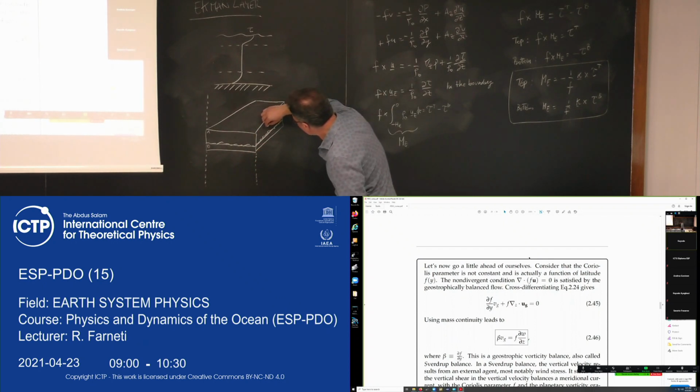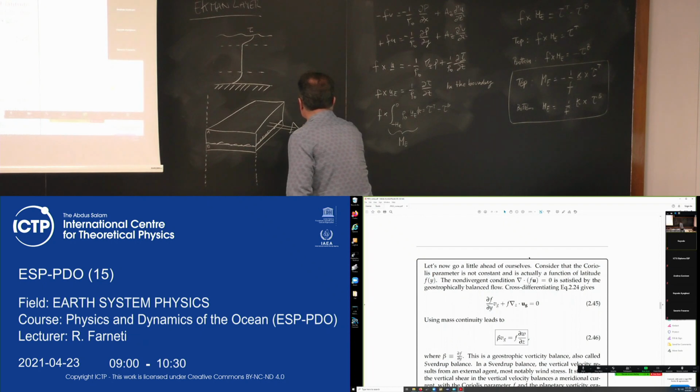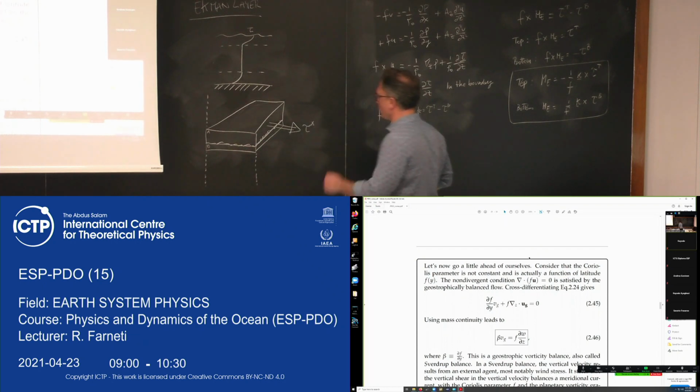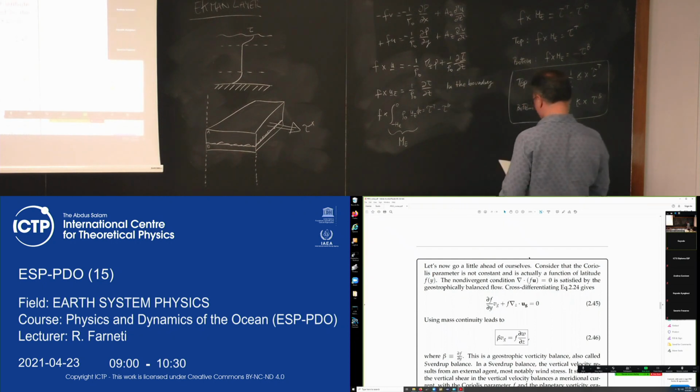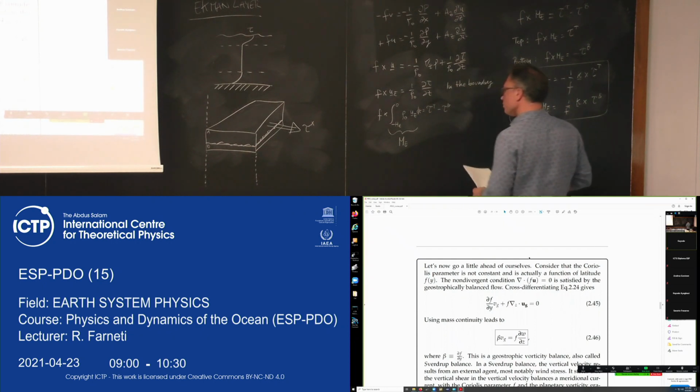Now imagine you have a wind stress blowing in this direction, so some tau x. Imagine that your tau y is equal to 0.